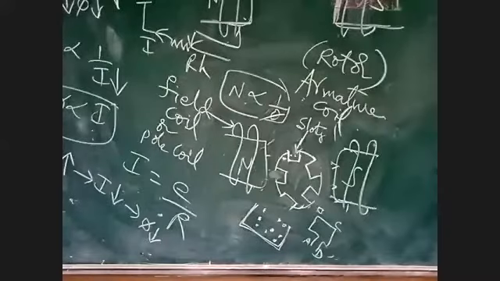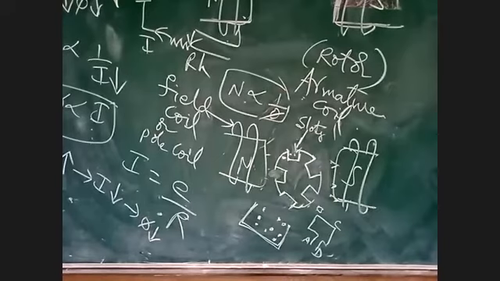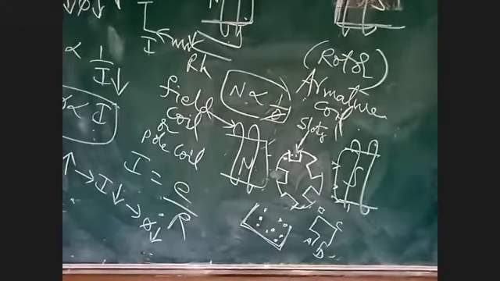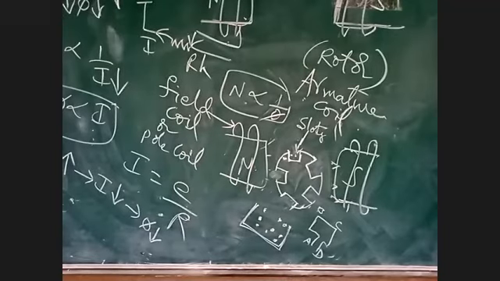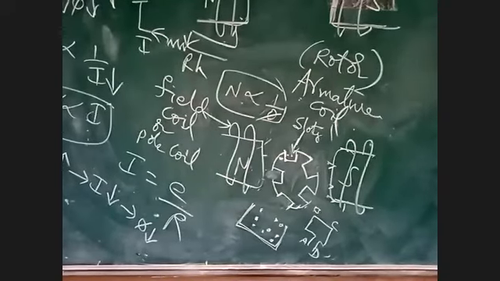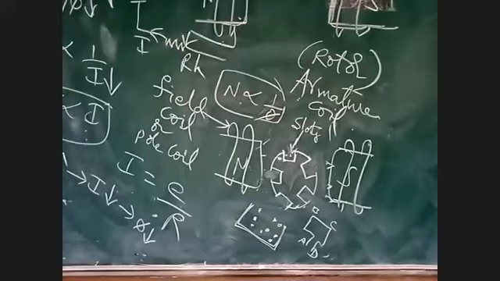That is the only purpose. Please remember this. And what is the purpose of armature coil? To generate current. EMF is induced in it. If you know the difference of these two, nothing is there in the machine in fourth unit.